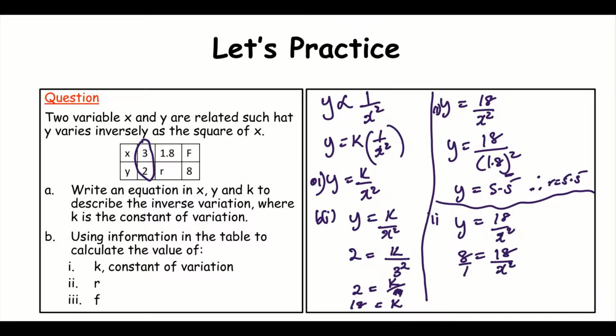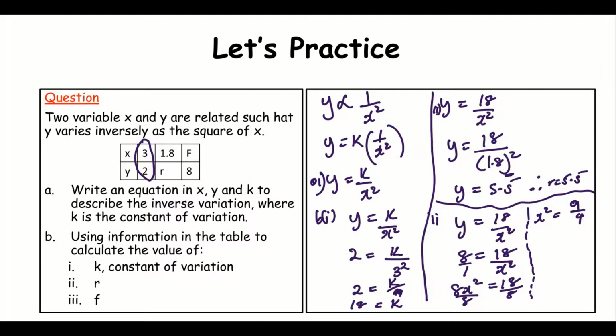We're going to do our cross multiplication. So we have 8x squared is equal to 18. So we can now divide both sides by 8. So x squared is equal to 18 divided by 8, which gives us 9 over 4.